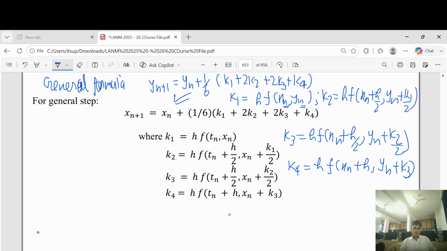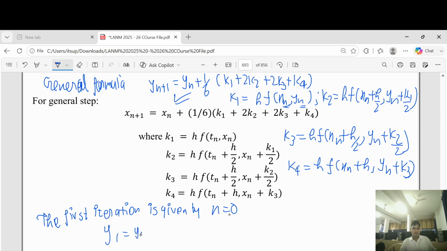Suppose we want to evaluate the first iteration. So the first iteration is given by, if we want the first iteration, then we put n is equal to 0. If we put n is equal to 0 in this equation, the formula becomes y1 is equal to y naught plus 1 by 6 k1 plus 2 k2 plus 2 k3 plus k4. Okay.